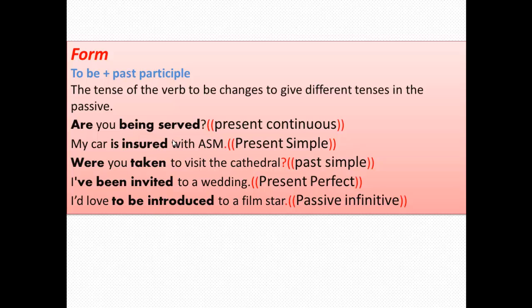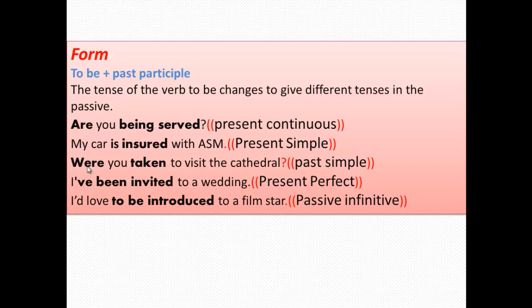Then the third example: Were you taken to visit the cathedral? Here it is past simple, so we use were, because the tense of the sentence is past simple.